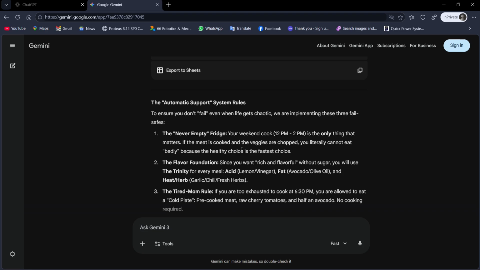If you always cook and prep your meals every weekend, then throughout the week you're always going to have healthy options available. So it's standing on the presupposition that the reason you're maybe not living a healthy lifestyle is because you're eating food which is not healthy. Then we have number 2, the flavor foundation. Since you want rich and flavorful food without sugar, you will use the trinity of every meal: acid, fats, and herbs.